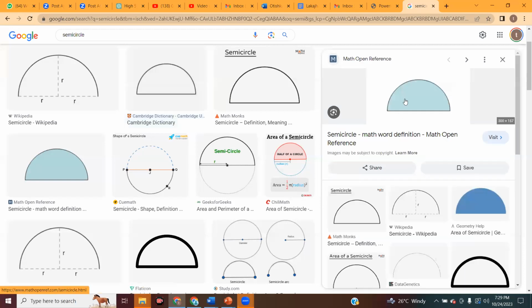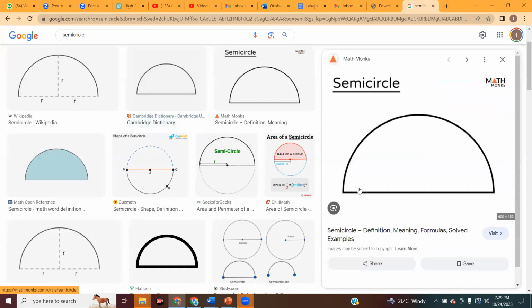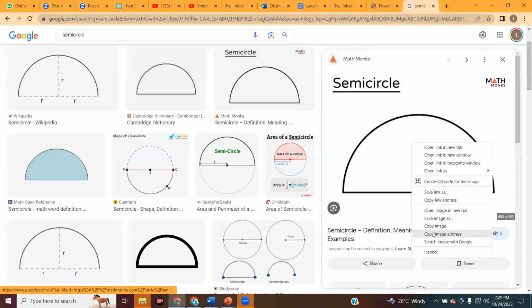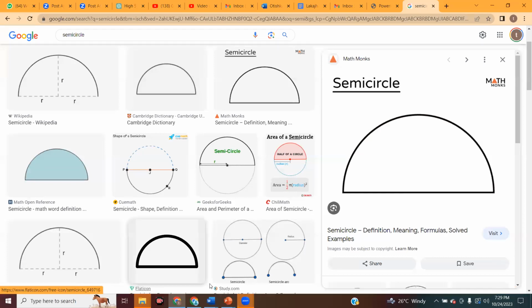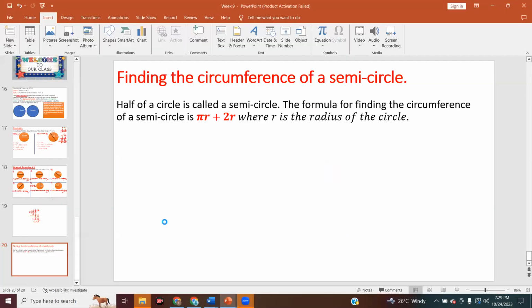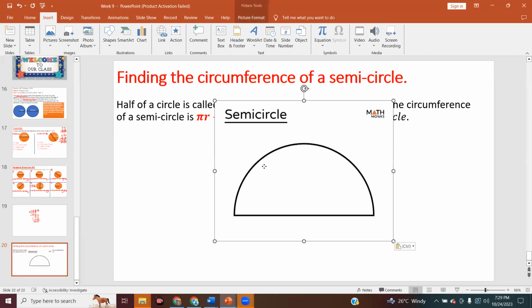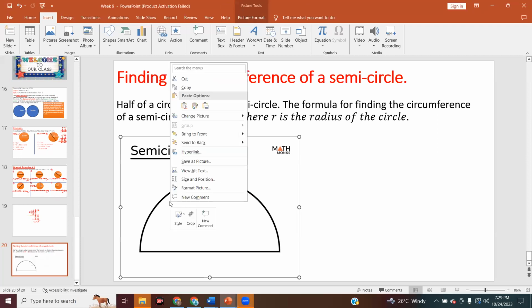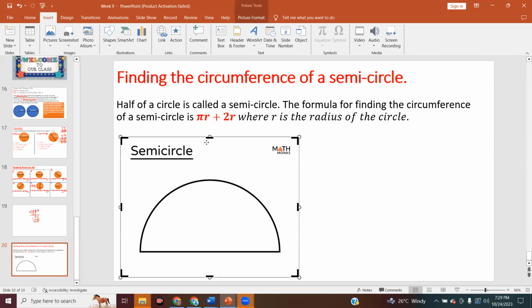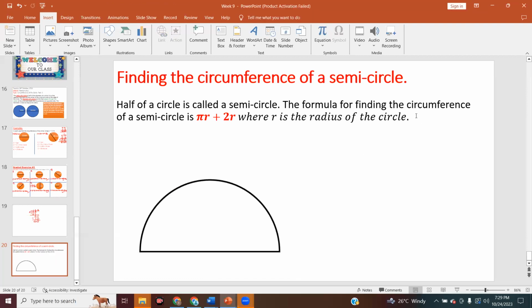Perfect, much better. So let's use this as a half of a circle. We call it a semicircle. If they want you to find the circumference of this semicircle, you would know what to do. So let's do our first example.